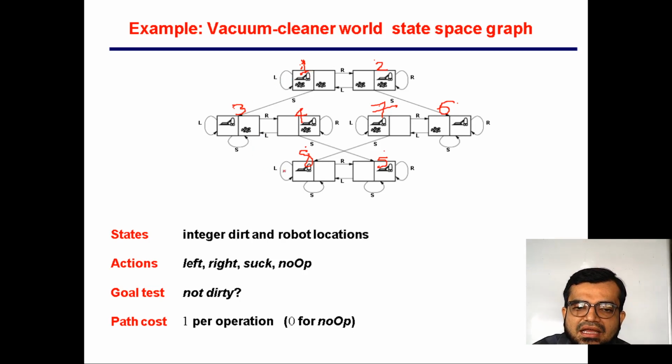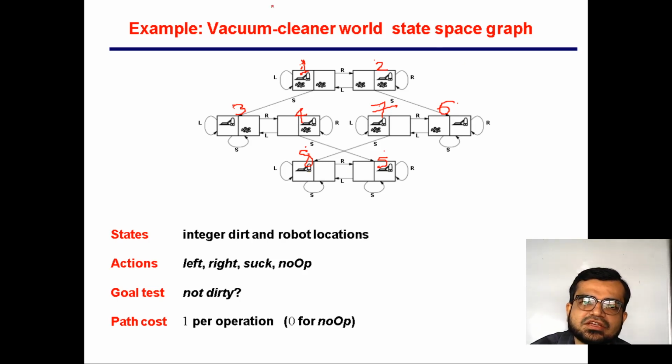Ultimately, either in the fifth state or the eighth state, you will find the goal test successful. That means in the eighth state or fifth state, there is no dirt available, so I have reached my goal.